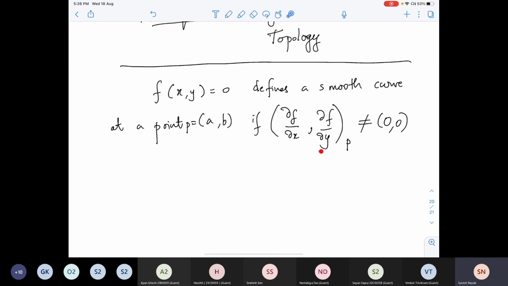At least one of the partials is non-zero. So this is your definition of a smooth curve at a point P = (a, b) on the curve. So that's important: the point is on the curve.